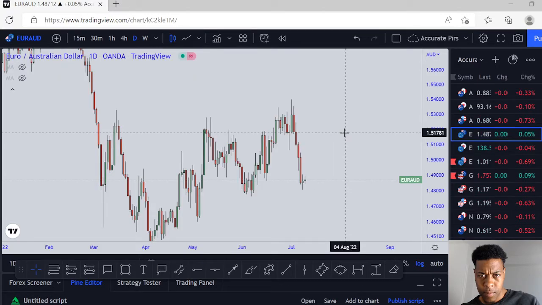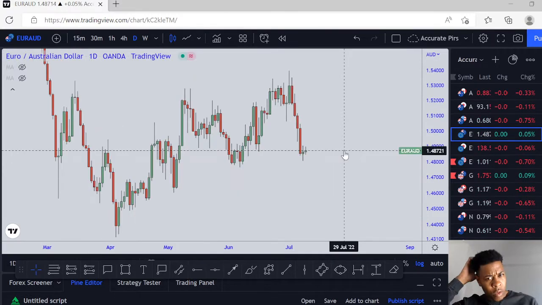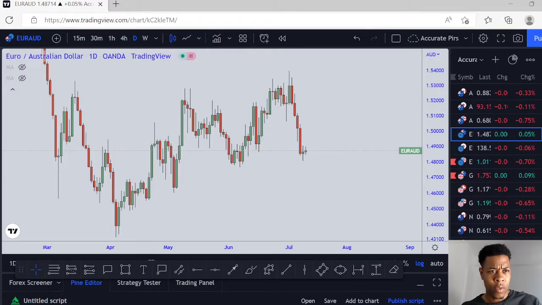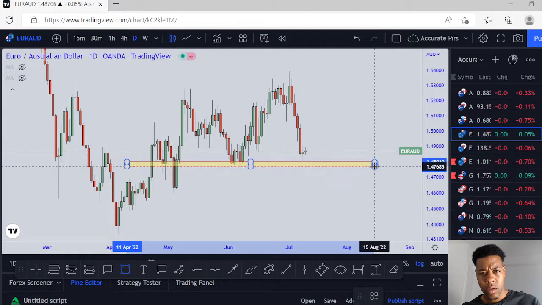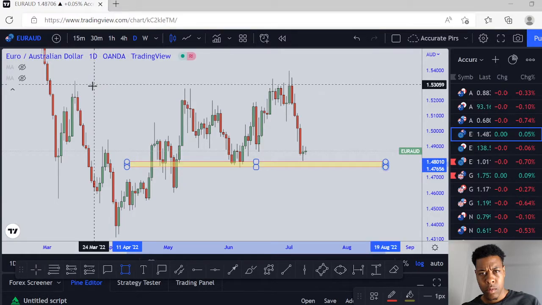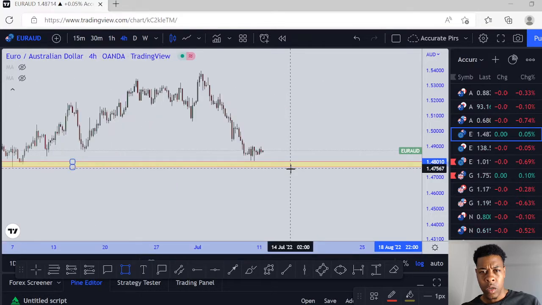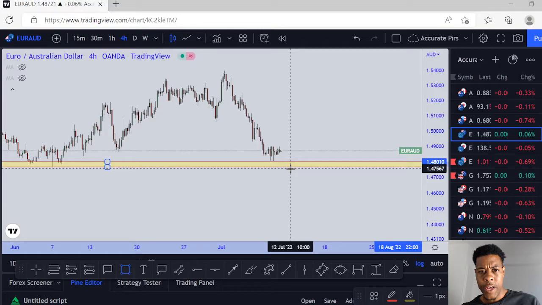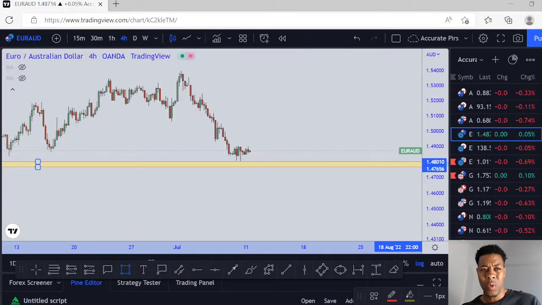I'm seeing some nice daily resistance and daily support levels. I'll probably just keep an eye on that support level right there. I probably would ignore this pair for this week.